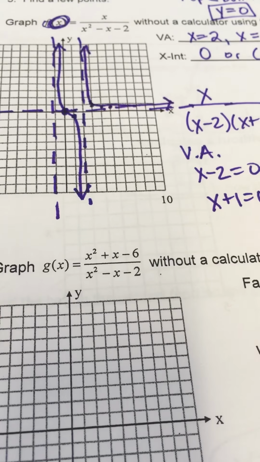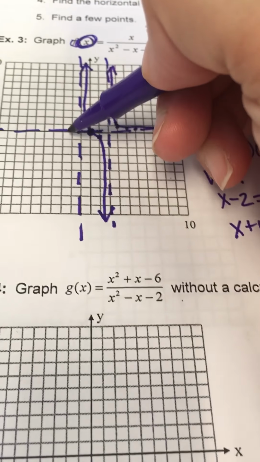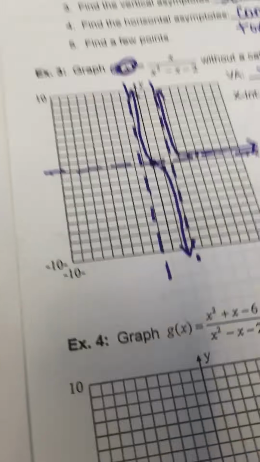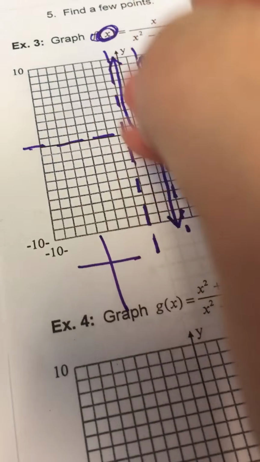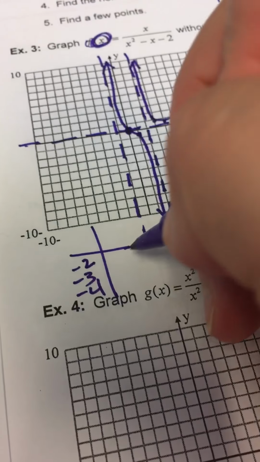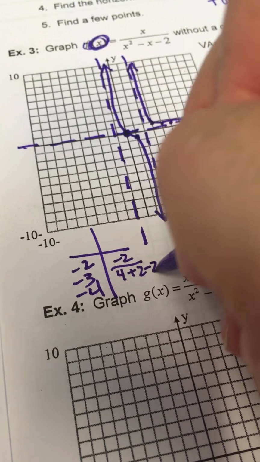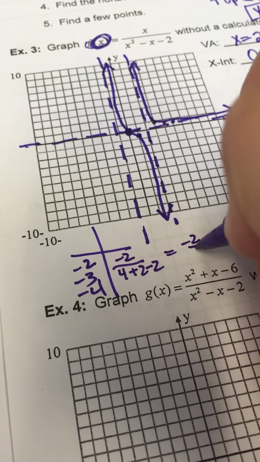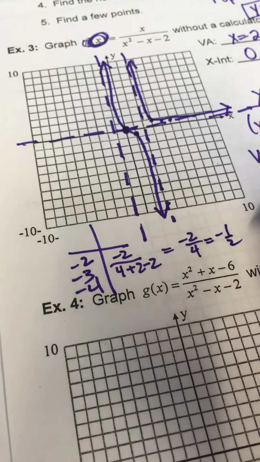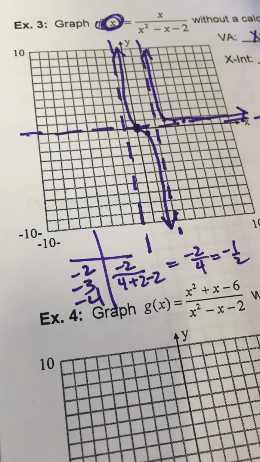Alright, so then we need to check out -2, -3, -4. So I'm just going to do a little bit more over here because I'm running out of room. -2, -3, and -4. And then you can see, it's -2 over -2 squared, which is 4, plus 2 minus 2, -2 over 4, so -1/2.